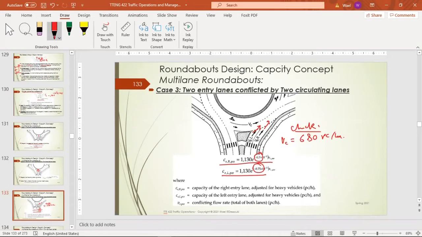So here the capacity of entry for the right lane becomes 702 passenger cars per hour. Capacity of entry for the left lane equals 678.56, about 678 passenger cars per hour.